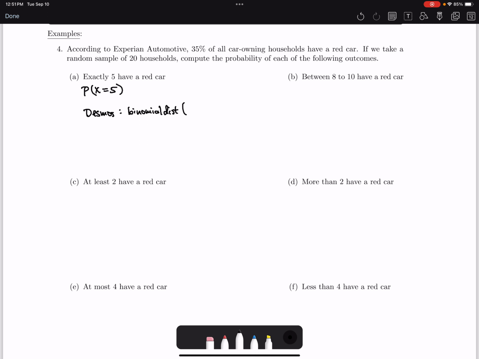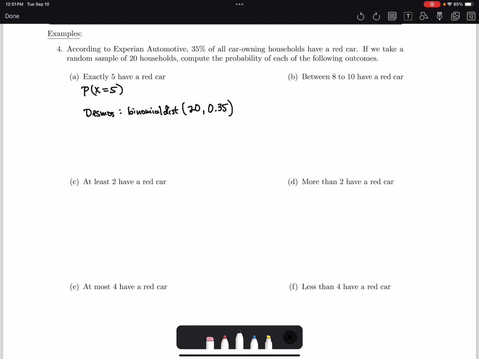N is the number of trials, which is 20 in this case, right? We have a random sample of 20 households. And p is the probability of success, in this case 35, since 35% of households have a red car. So the probability you have a red car is 35%. That has to be entered as a decimal, okay?